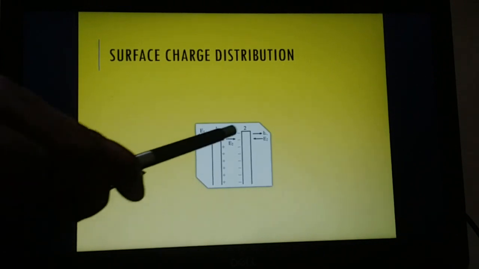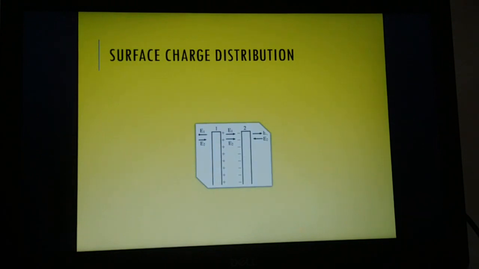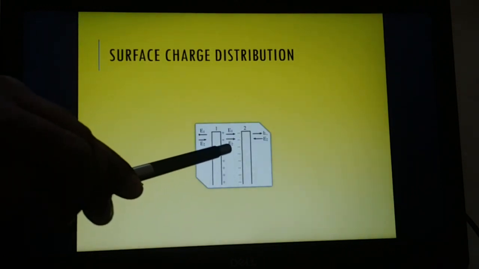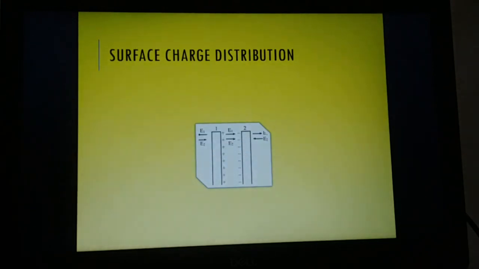Okay, so now you see the second plate, which is negatively charged. From a negatively charged plate, electric field lines are not diverging out, but we know electric field lines are converging into that negative plate. So here you can see the electric field intensity due to that negatively charged plate, E2, is converging into that negative plate.